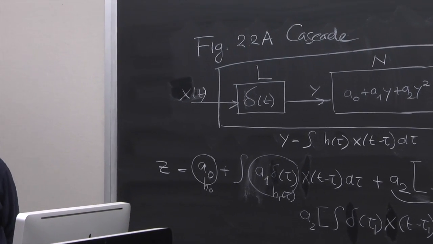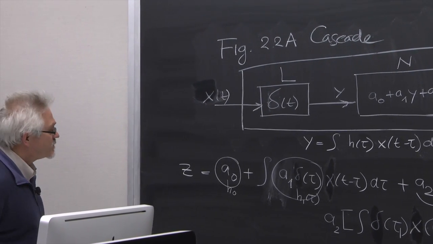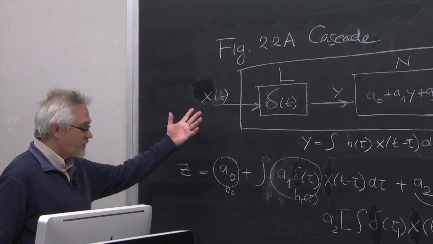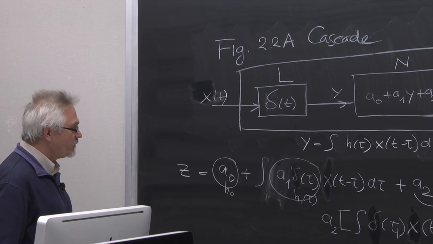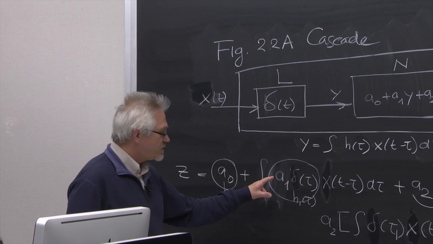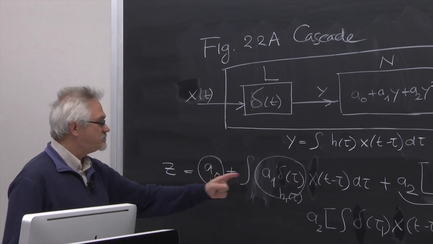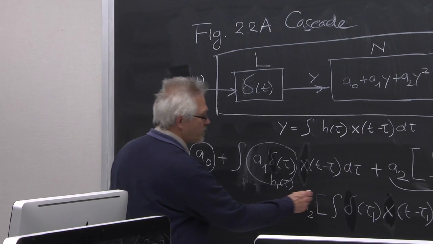Because they evaluate so easily. So here, basically, nothing happens. This remains A naught. But here, what does this integral evaluate to?